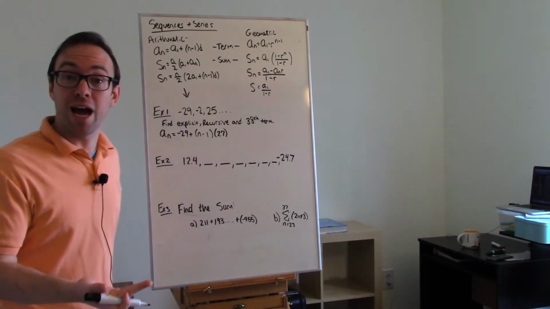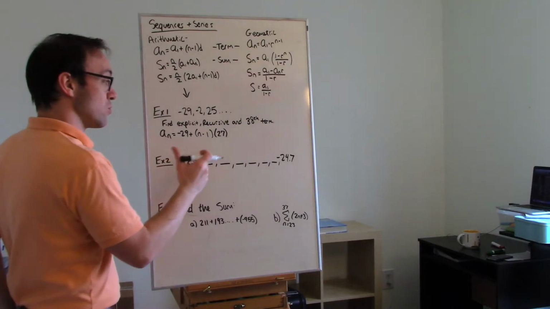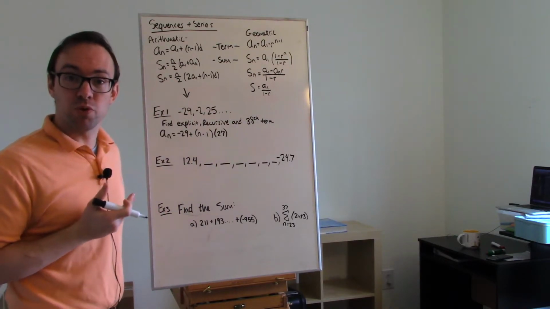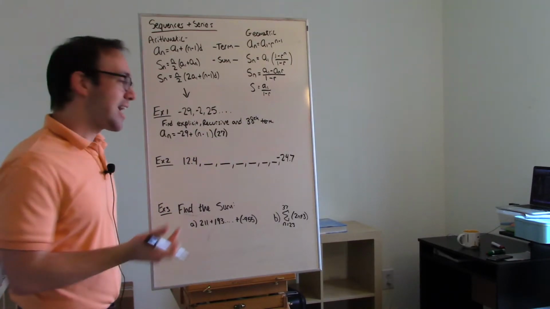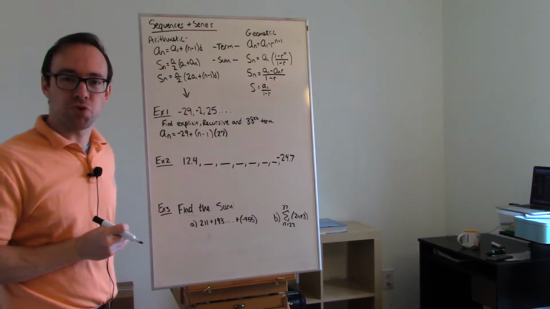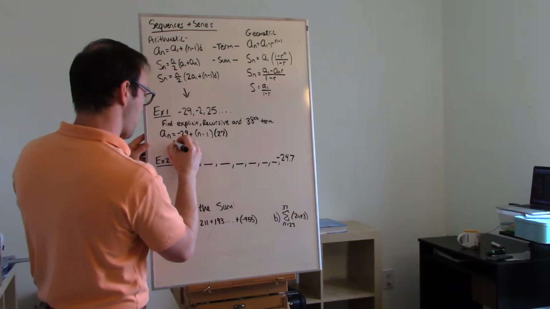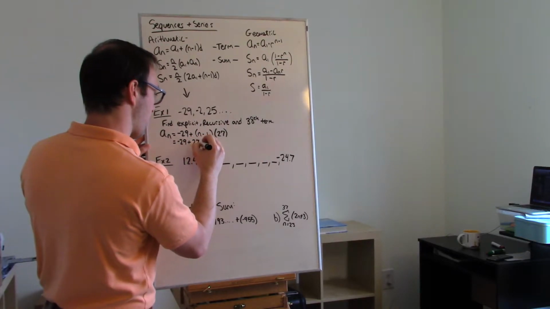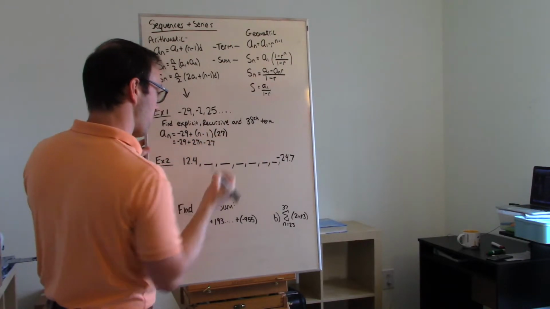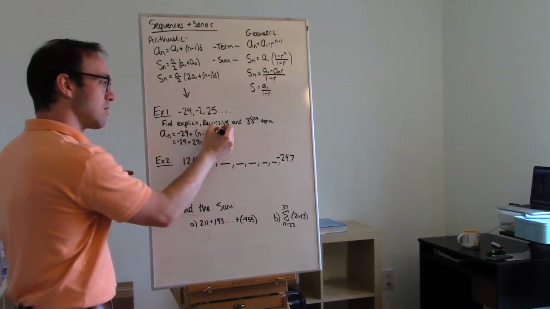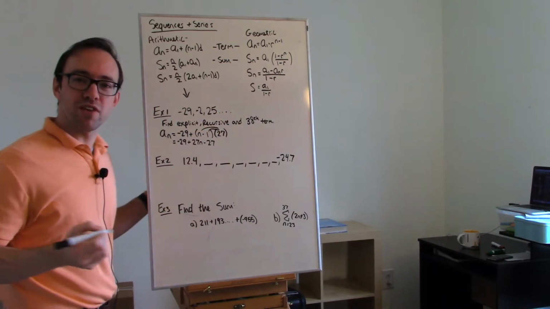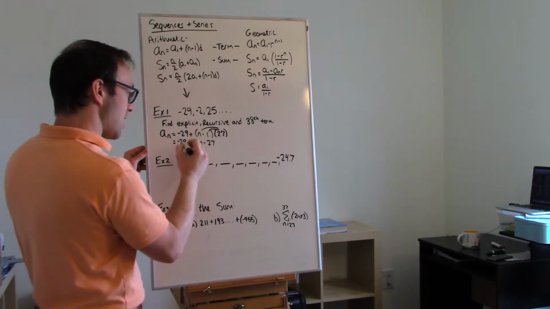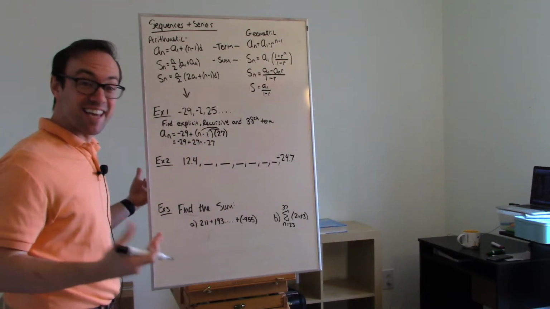So to finish this explicit form out, we are going to distribute the 27 to both pieces inside the parentheses, and then combine our 2 numbers. So 27 times n and 27 times negative 1, and then combine the negative 29 and the negative 27.